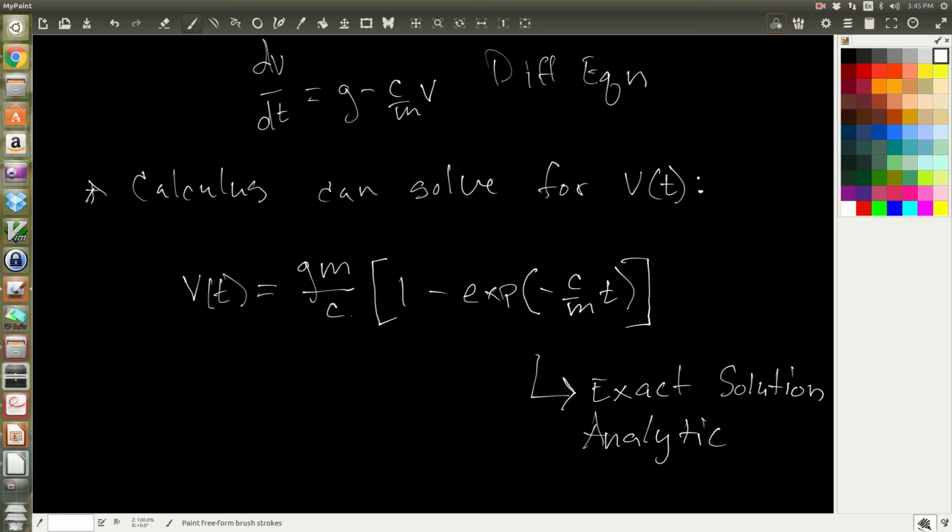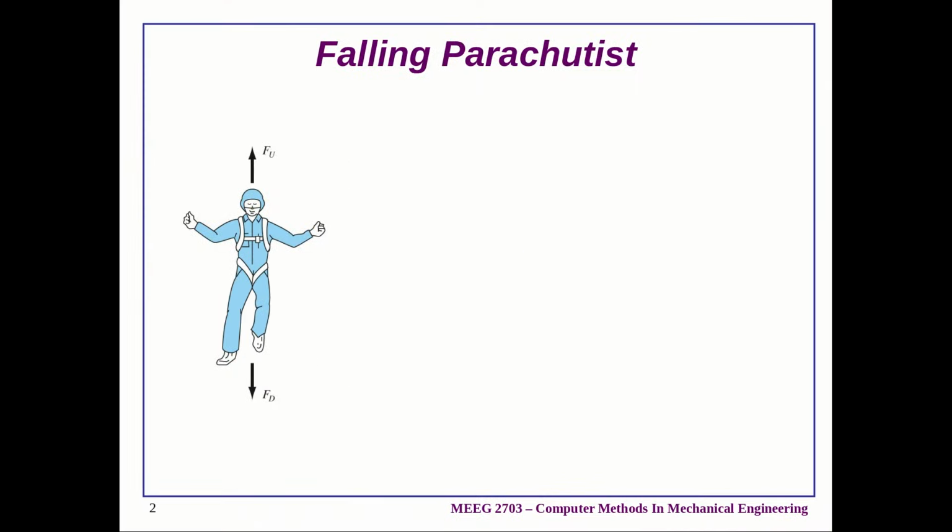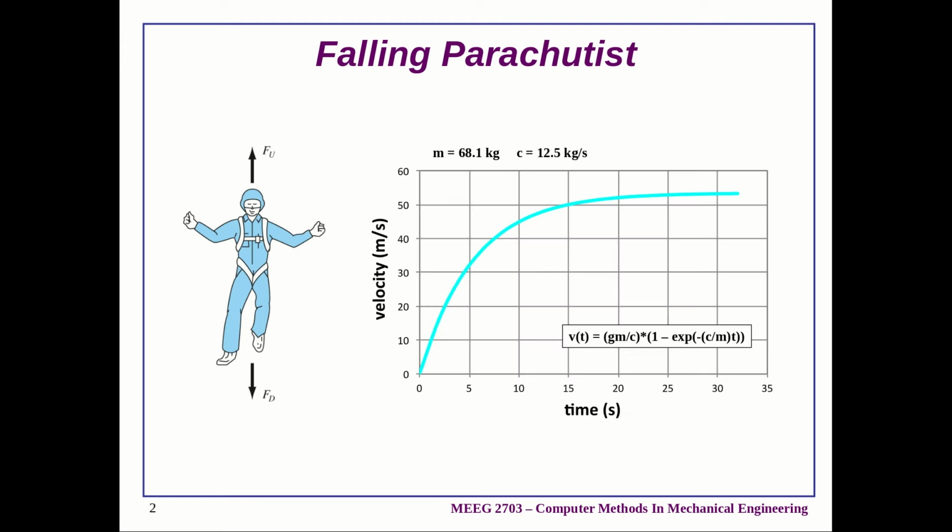Now let's look at what this solution actually looks like if we give some numbers to the mass, the drag coefficient and the gravitational constant. Here's a little diagram showing our falling parachutist, and here is a plot showing the exact solution to our mathematical model for Newton's second law.